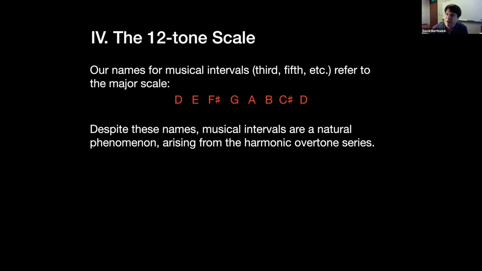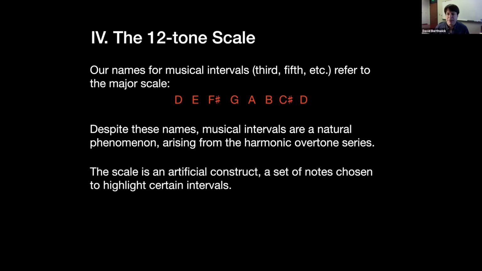But scales are very much particular to different cultures. And so the scale is somehow artificial, right? So instead of deciding on a scale and then using that to build intervals, what we do is we start from intervals and we decide that we want a scale to highlight certain intervals.